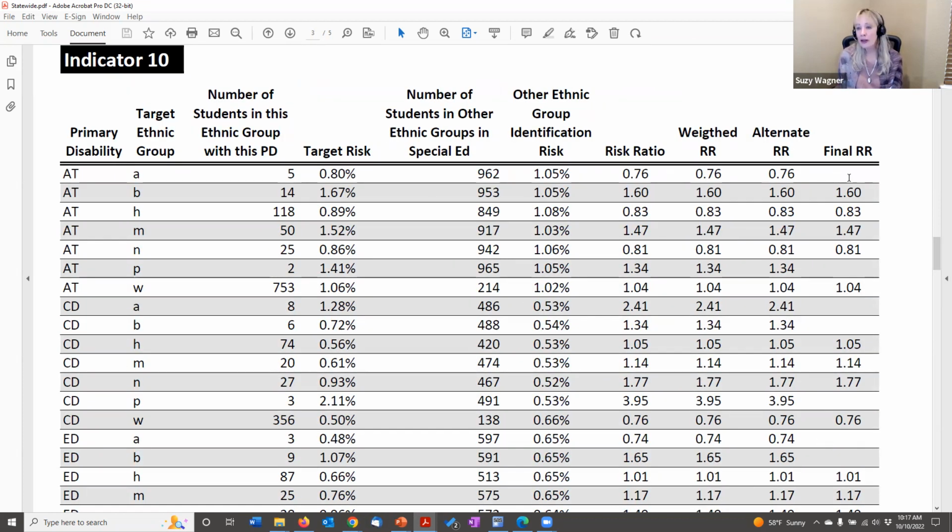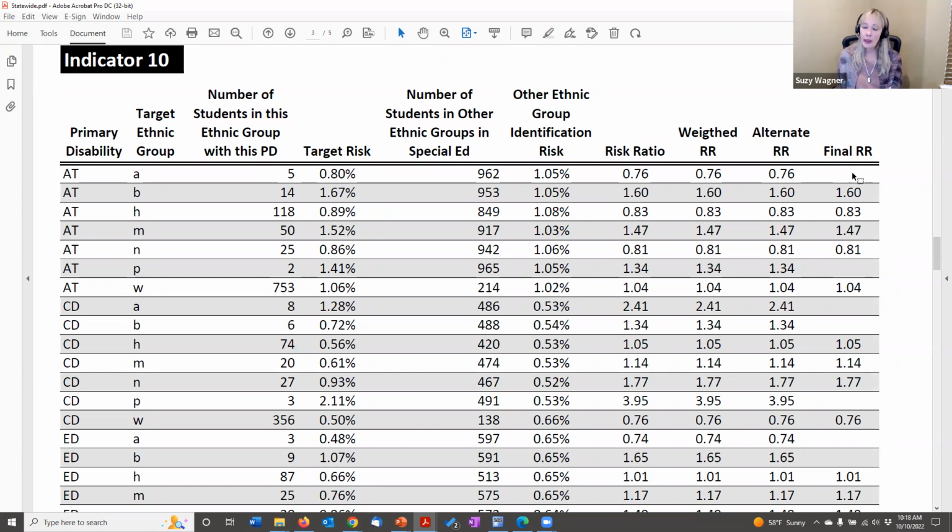You'll also note that there's some missing final risk ratios. That just means that the minimum cell size was not met. So there has to be at least 10 students with disabilities in a particular group for us to consider the final risk ratio. If it's missing, it means don't worry about it.